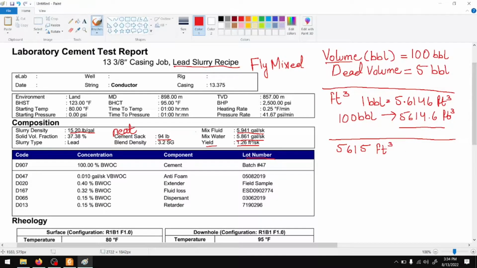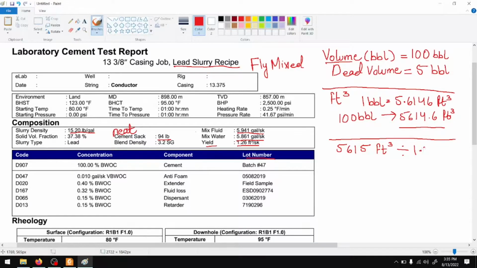As you must have noticed, your yield is in cubic feet per sack. Keeping the units consistent: if you make 5615 cubic feet of slurry and you need to calculate the number of sacks of dry cement required, you divide your volume by your yield.